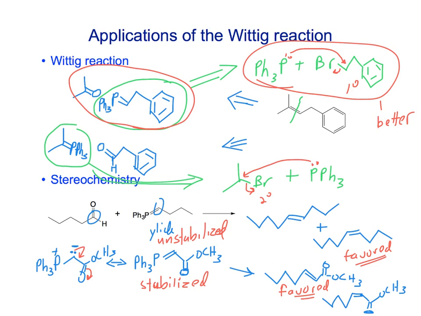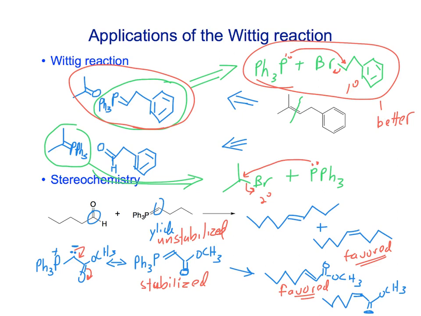And the trans double bond is more stable. Okay? So stabilized ylides tend to give trans double bonds. Unstabilized ones favor cis double bonds. Okay, and it all fits in. You know, we've seen the kinetic control and thermodynamic control in other situations.